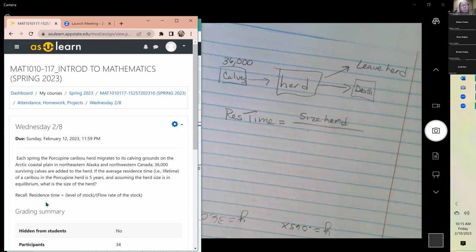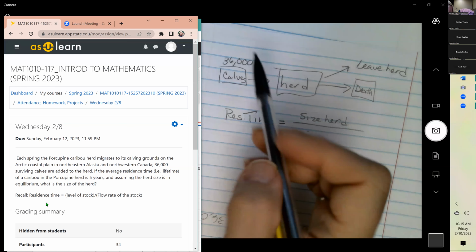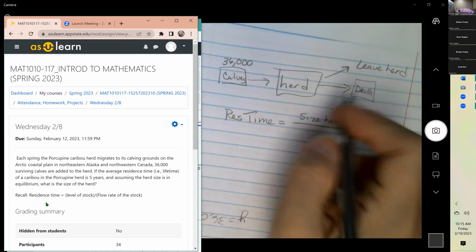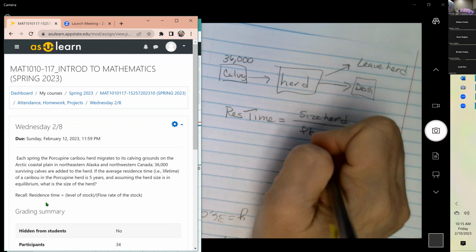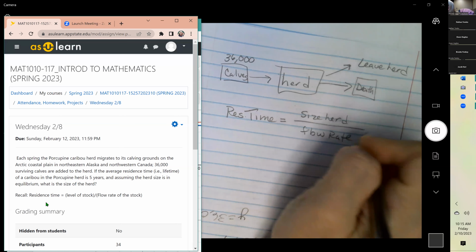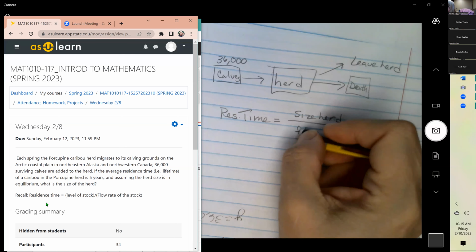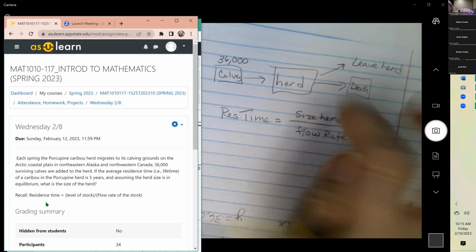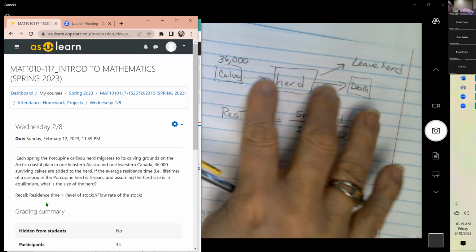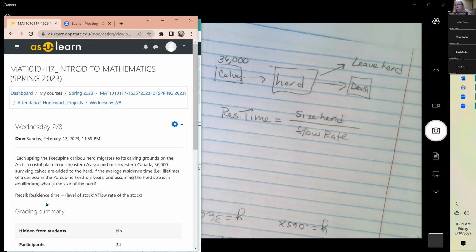And the flow rate is how many are going in and out. So 36,000. What happens is if these are not at an equilibrium, then the herd gets too large or it gets too small.